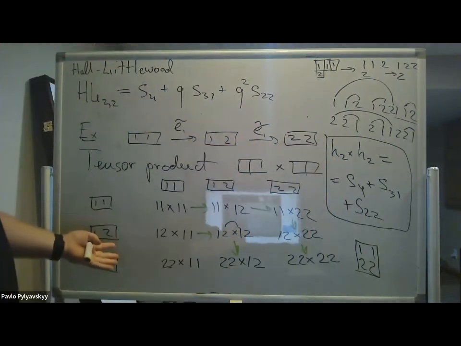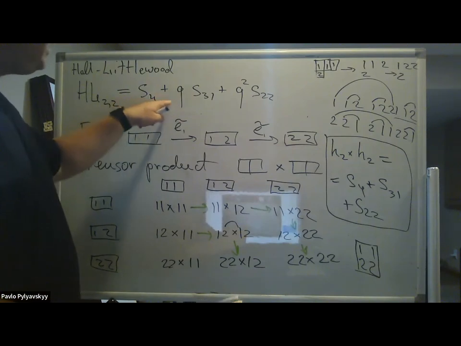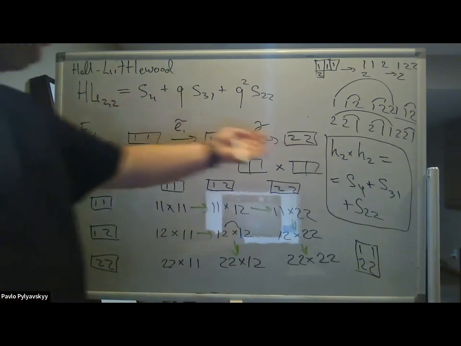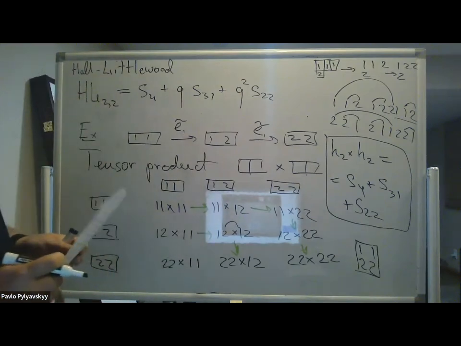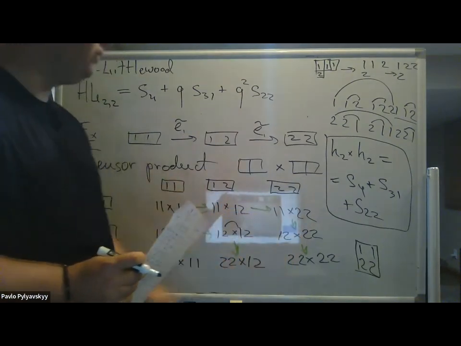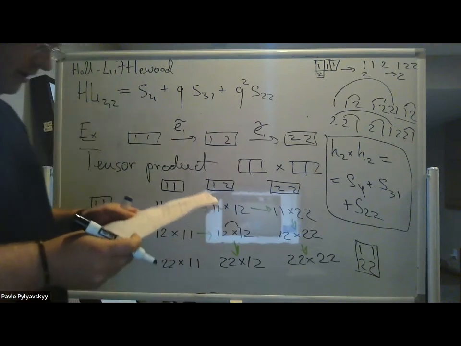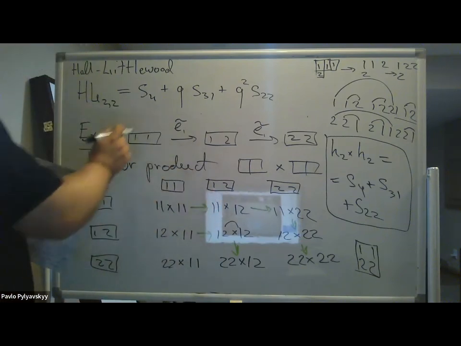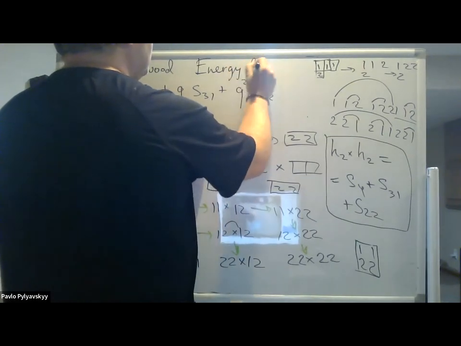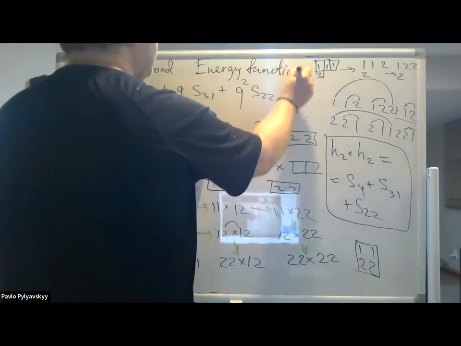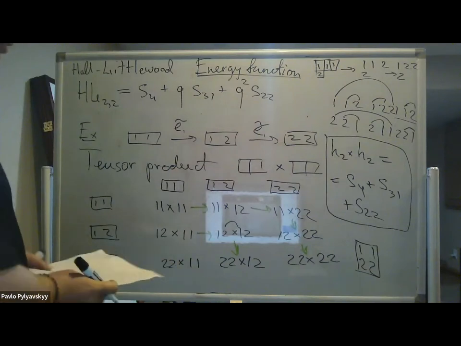And so the way you get it is that some terms in the product get some power of q in front of it. And it turns out that it's pretty easy to tell from this picture also which terms get what power of q. So there's something called the energy function, which is not that hard to describe, but maybe let's skip it and maybe at the end I can tell you what it is.